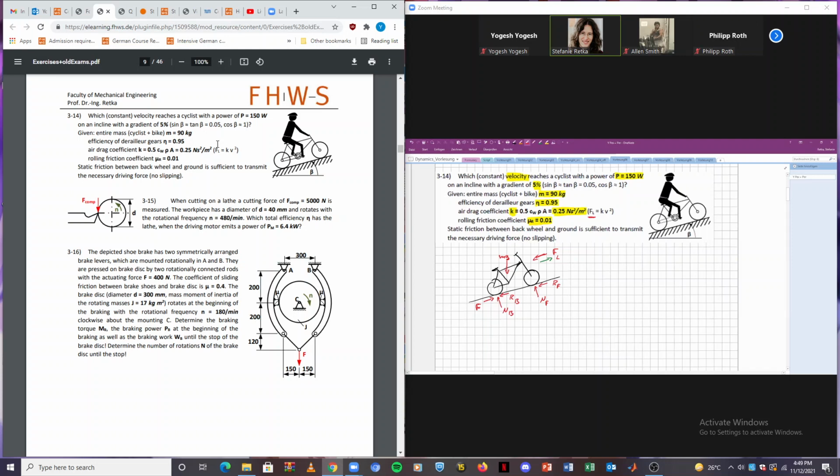Now, this is our system that we have to solve. We know that the velocity is constant. It's stated in the problem description, the very first sentence. In consequence, there's no acceleration.